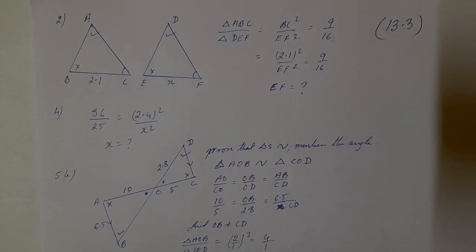Question number 4. We are doing number 2, after 2 we do number 4. The areas of two similar triangles are that and that. If an altitude of the first one is 2.4, find the corresponding altitude. Same thing.